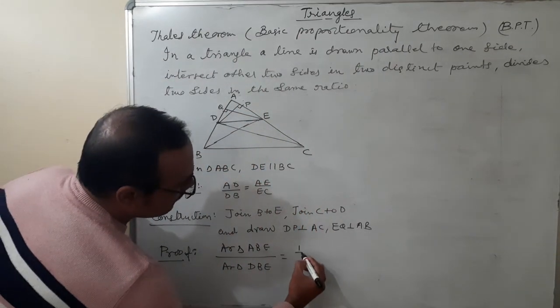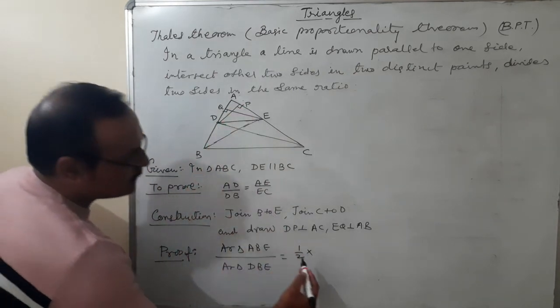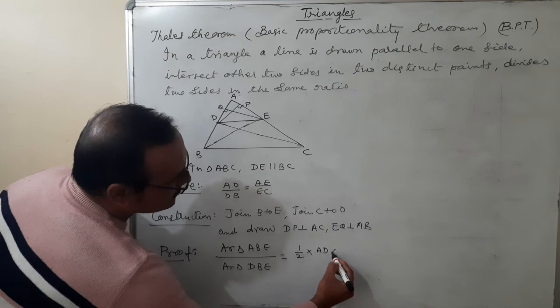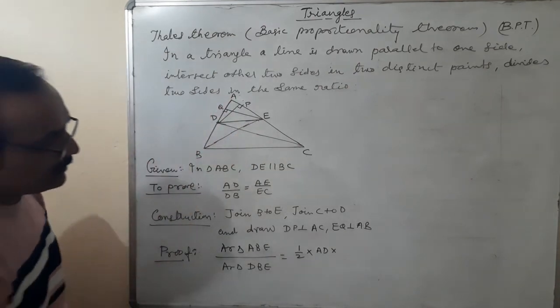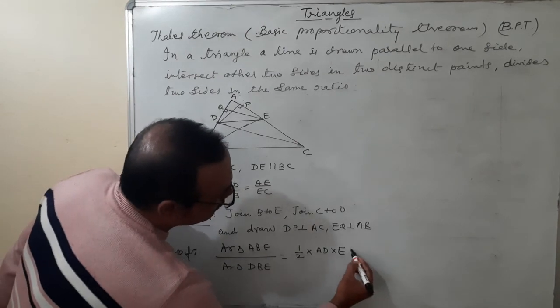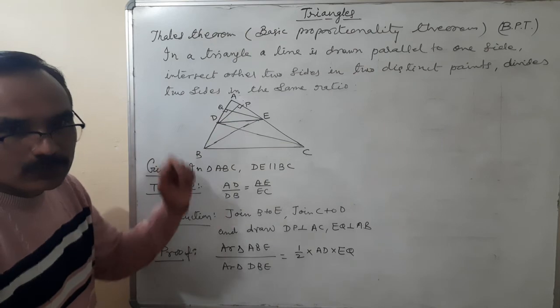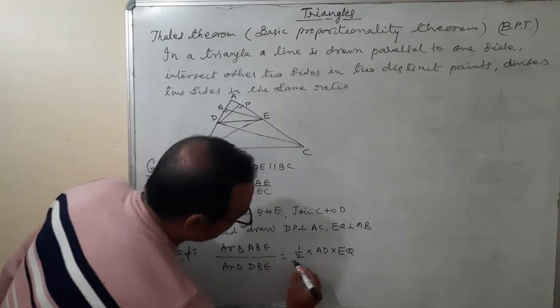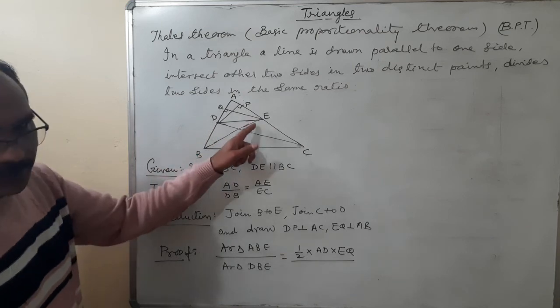Half. What is the base? In triangle ADE, the base is AD. What is the height? In this triangle ADE, height is EQ. Because height is always perpendicular on the base. Upon, in triangle DBE.